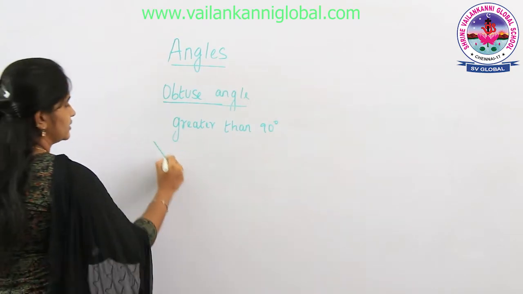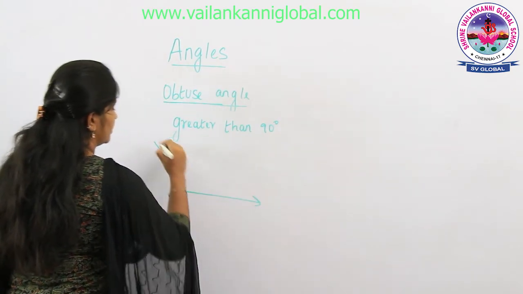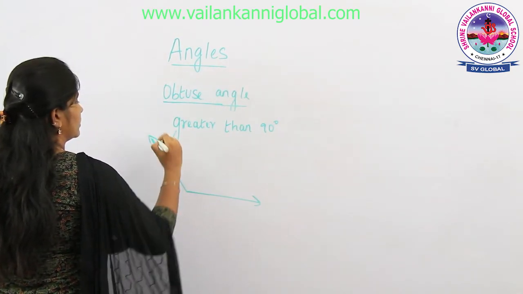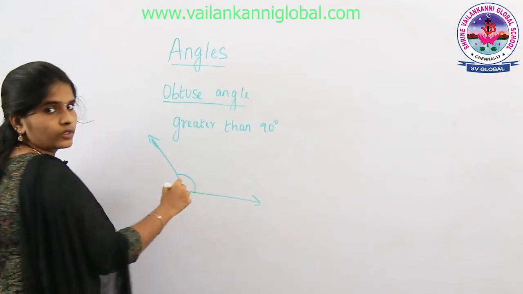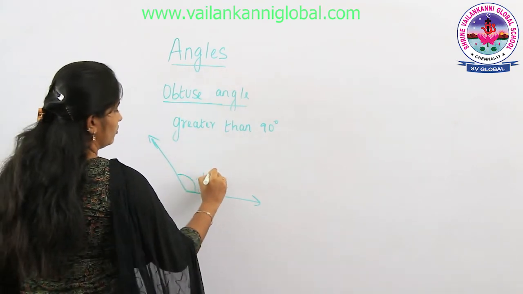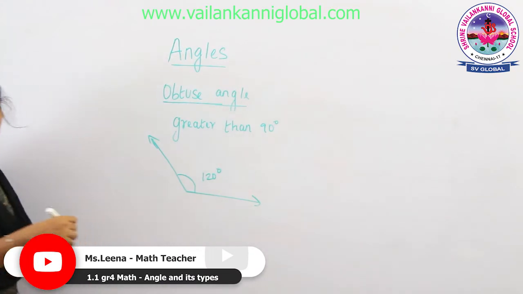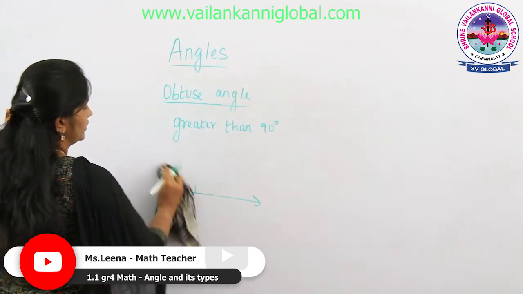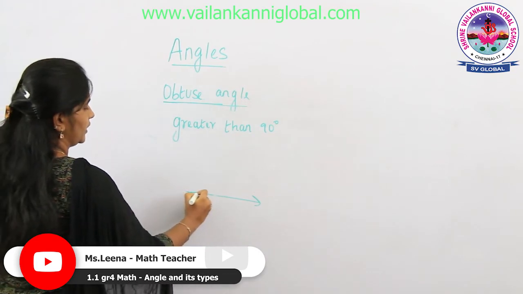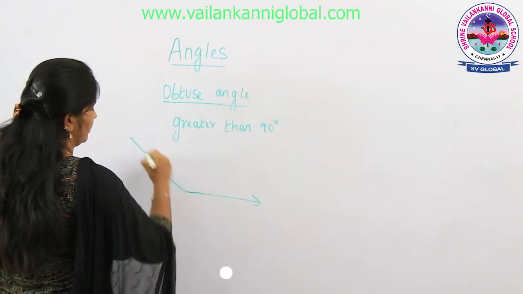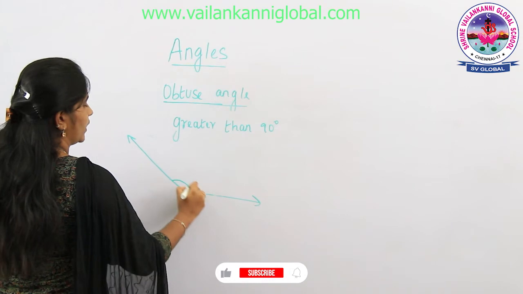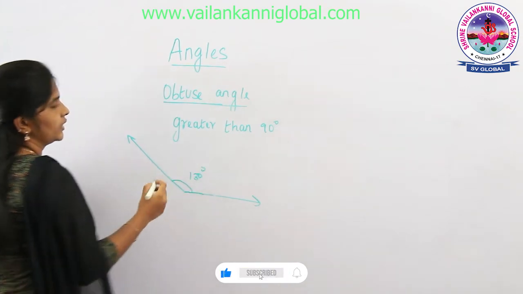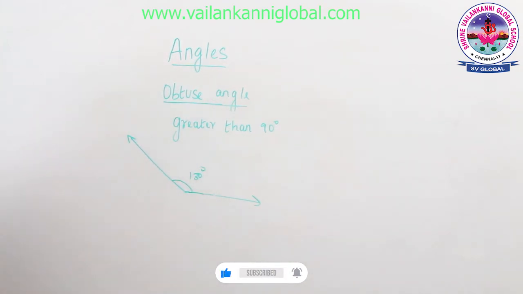Okay, like this. So this angle is, for example, 120 degrees, greater than 90 degrees, or it can be even 130 degrees. Okay, all the angles that are greater than 90 degrees are called obtuse angles.